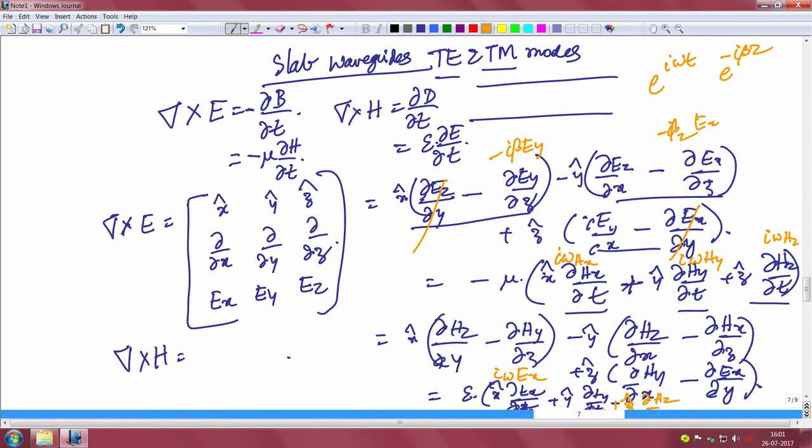The z components we need to kill, this x component also goes and this x component also goes, and the second one is xz, third one is Hz. So, by properly equating we get minus I beta Ey equals I omega Hy. Is it so?